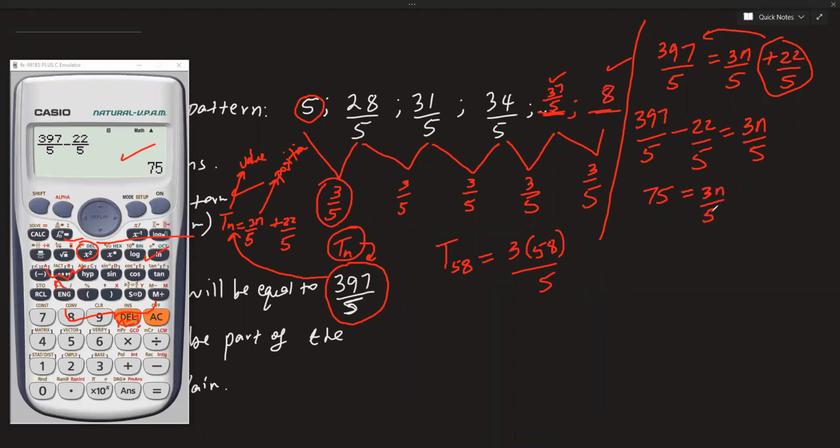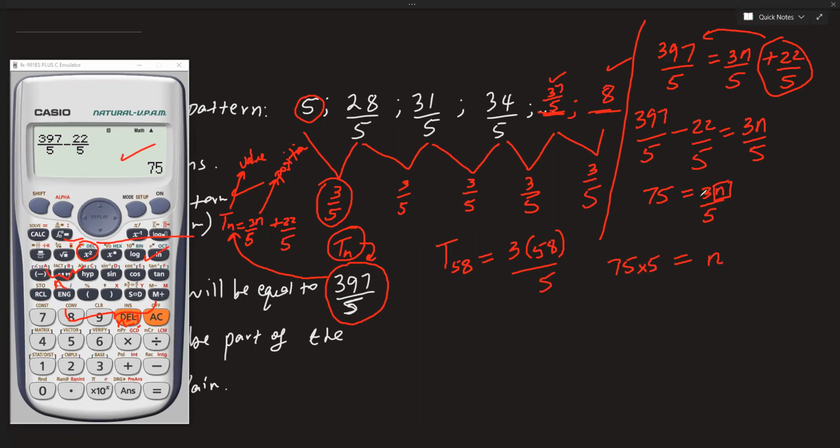3n over 5, right? But I need the n to be alone, basically. I need the n to be isolated. So the n is there, and this side I have 75, right? I'll show you something now. Whatever the number is doing to the n, this side is going to do the opposite. For example, the 5 is dividing the n, you see? So this side is going to multiply.